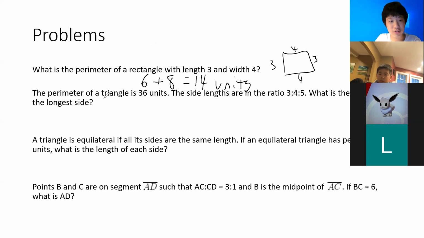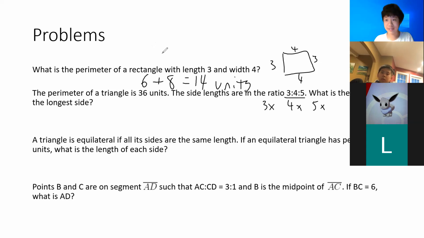The perimeter of a triangle is 36 units. The side lengths are in the ratio 3 to 4 to 5. What's the length of the longest side? Well, what do ratios mean? Ratios mean that one of the sides is 3x, another side can be 4x, the last side can be 5x, right? Because whatever x is, this ratio will be the same.